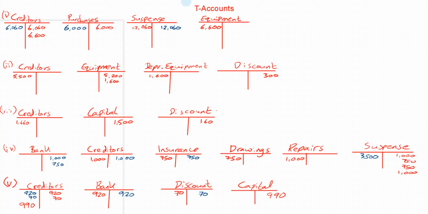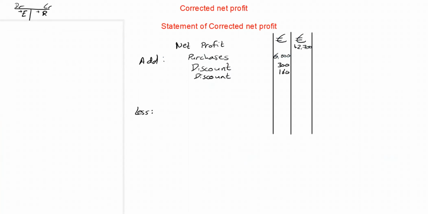Discount is on the credit, that will decrease again. So we have insurance, repairs, and discount: 750, 1,070.